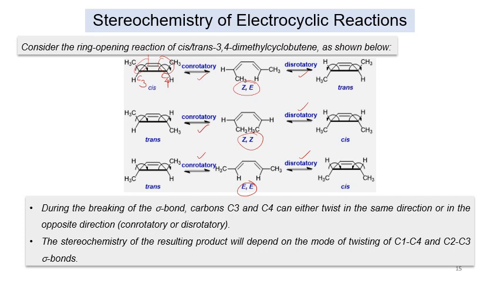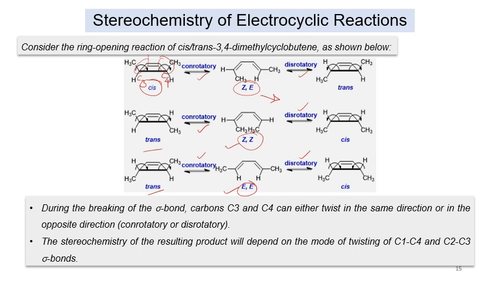Now, the same process can take place during ring closure as well. So the ZE, which is this particular substrate, will end up giving you the cis product on conrotatory ring closure, whereas the EE and the ZZ isomers on conrotatory ring closure will give us the trans product, as you can see here.